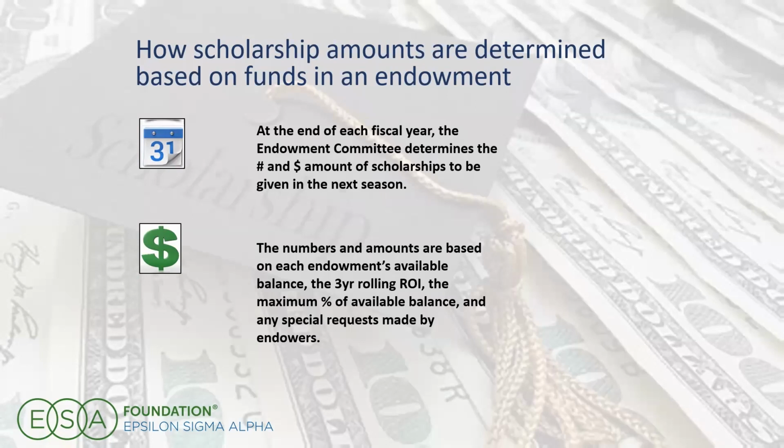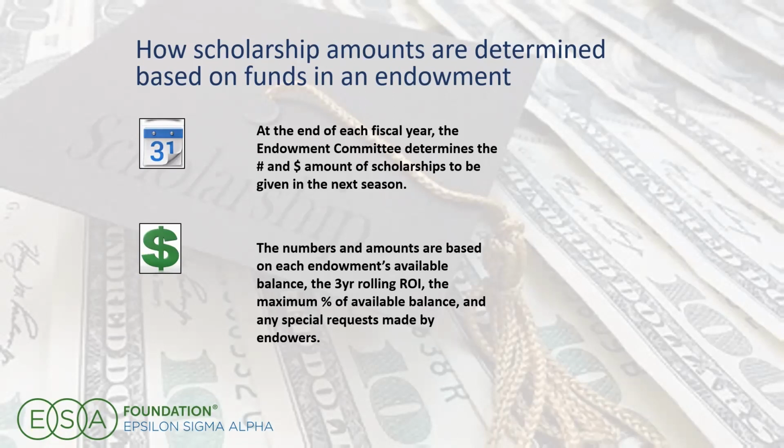But these numbers and amounts are based on each endowment's available balance, the 3-year rolling return on investment, the maximum percent of the available balance, which is the total funds minus the $5,000 restricted amount, which must remain untouched. And then any special requests made by endowers.